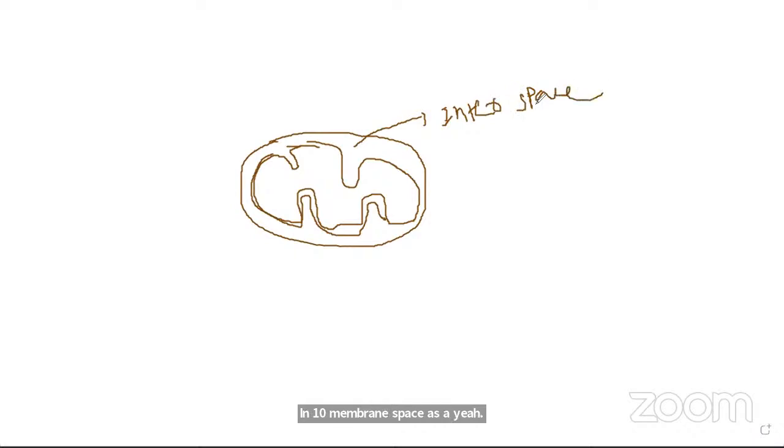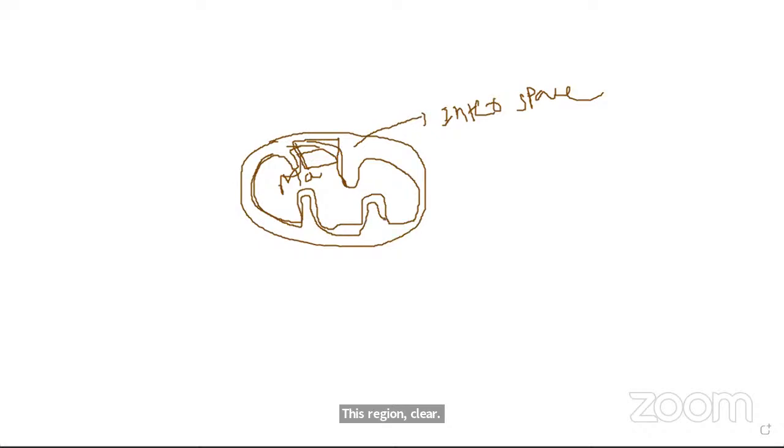In this one, the matrix, right? So this is the inner folded membrane. This is the inner membrane, so the electron transport takes place in this region. Clear?